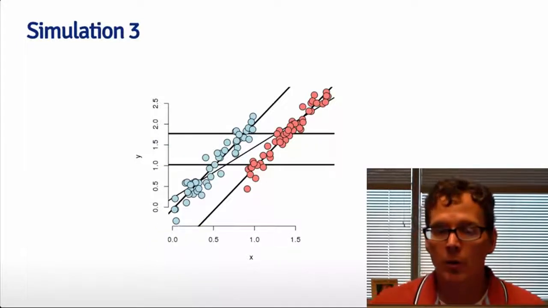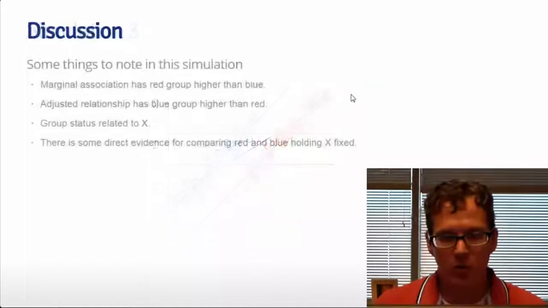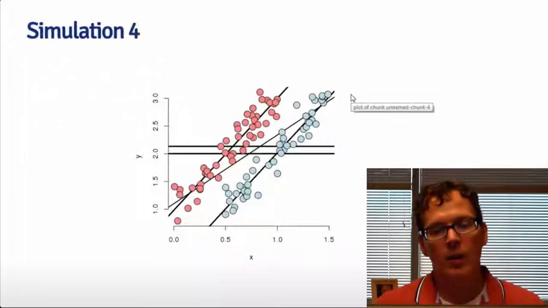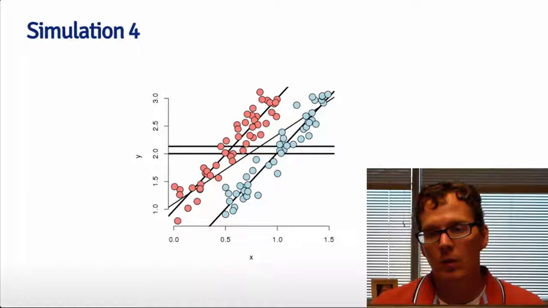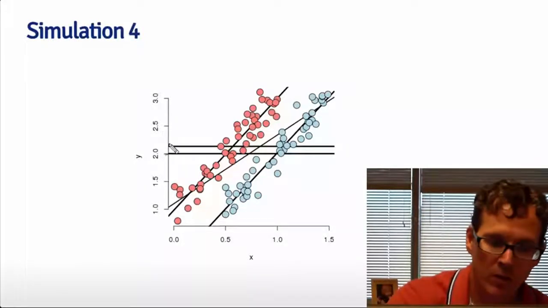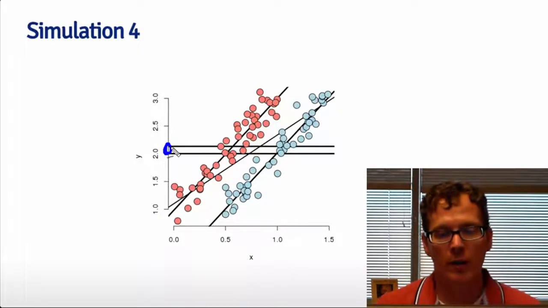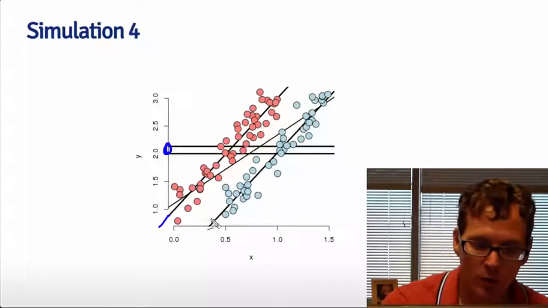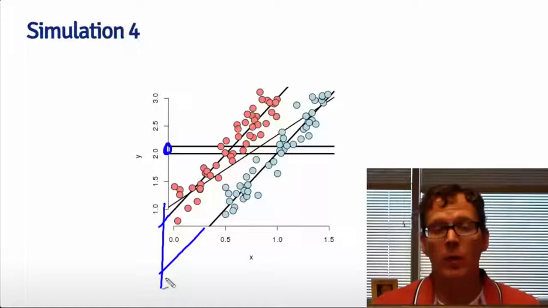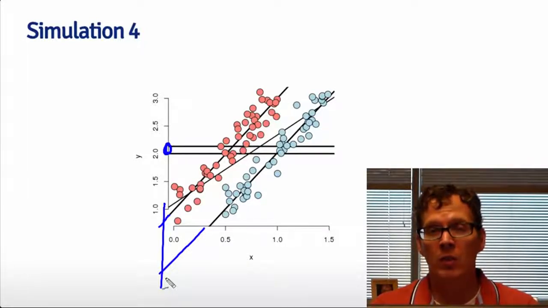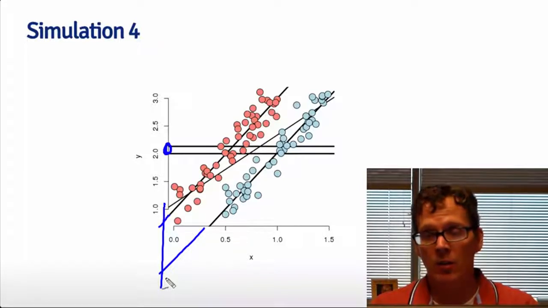All right, let's try some other examples. Again, the next slide is just going to reiterate these points. In this example, there's basically no marginal effect. However, there's a huge effect when we adjust for X. So this is a case where we saw a case where we went from a significant effect to, when we adjusted for X, a non-significant effect.